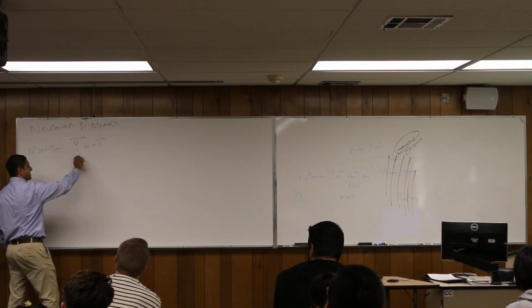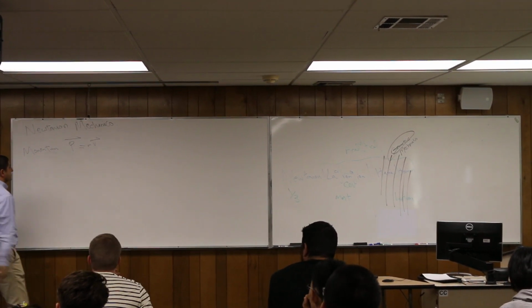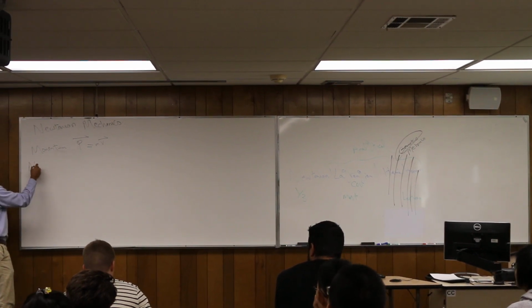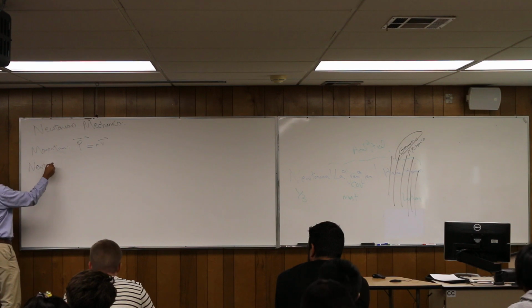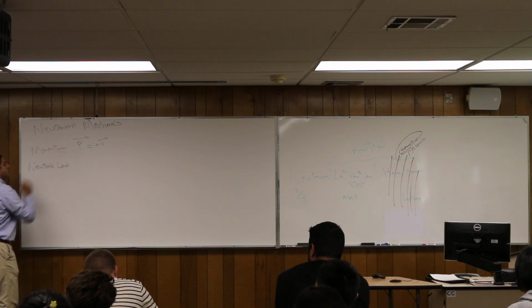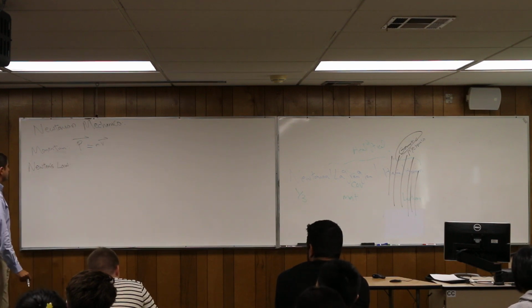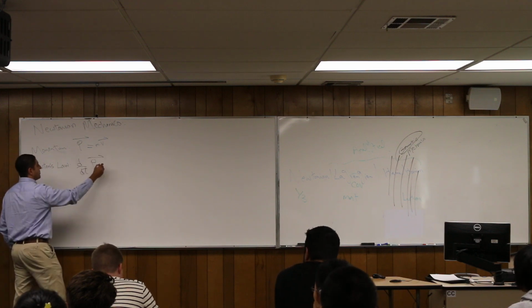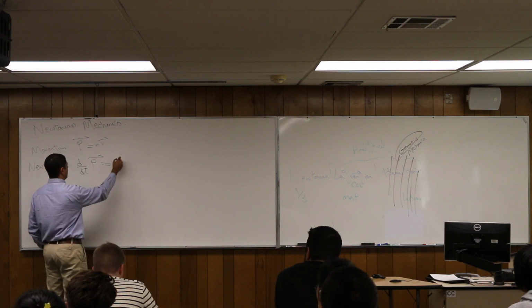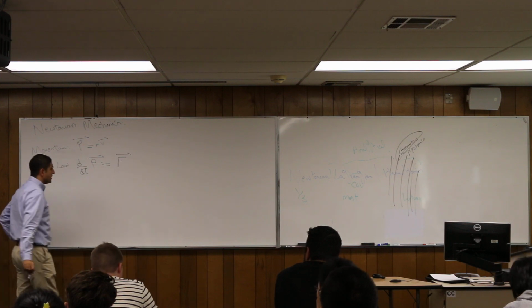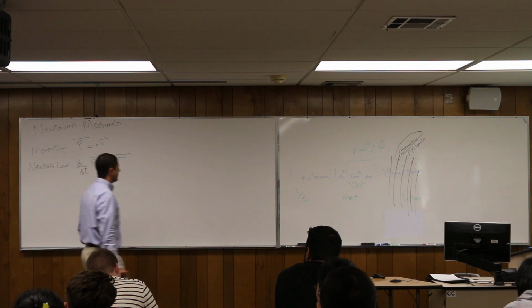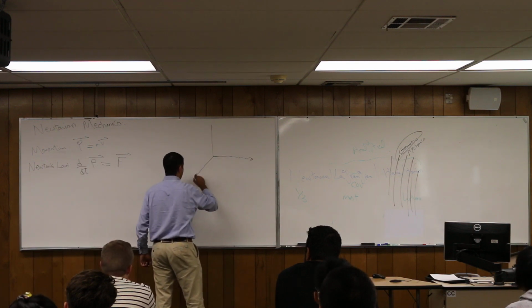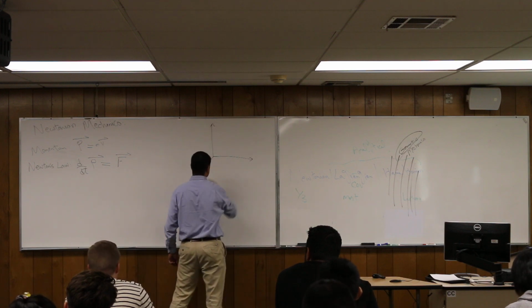So linear momentum is simply mass times velocity, both are vectors. And Newton's law is that d by dt of linear momentum is the force. I should have stated that Newtonian mechanics is concerned with a particle.